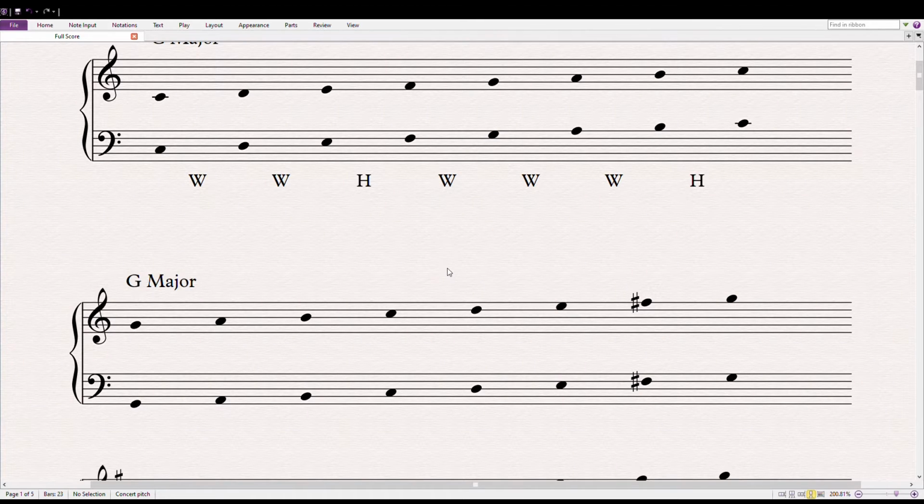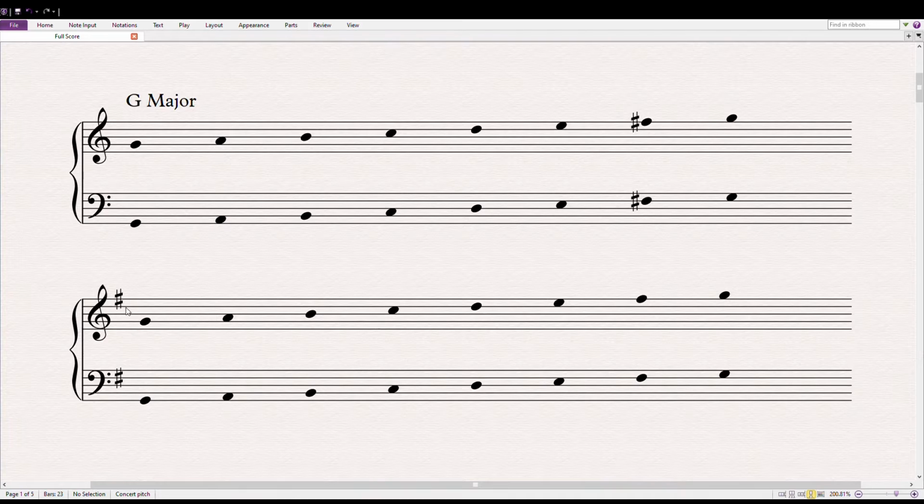So what a key signature is, is a way that we can represent all of the sharps in our key, in this case just the F sharp, in one convenient place at the beginning of our staff, so that we don't have to put a sharp on every single F all the way through. That looks like this. You've probably seen this before.